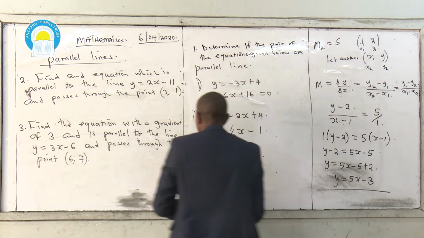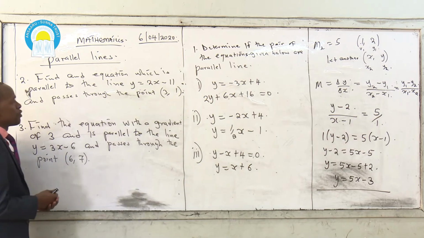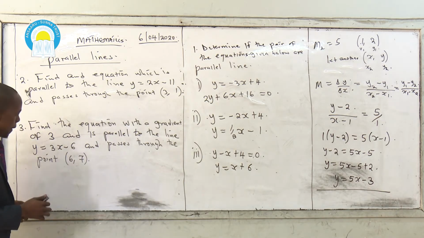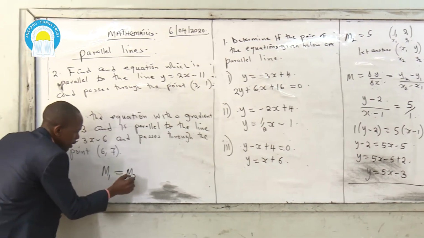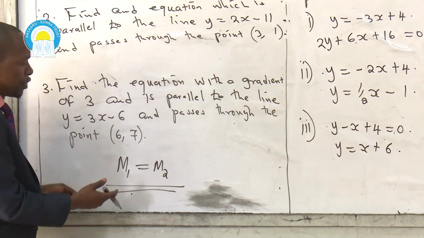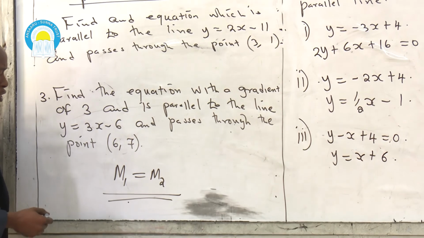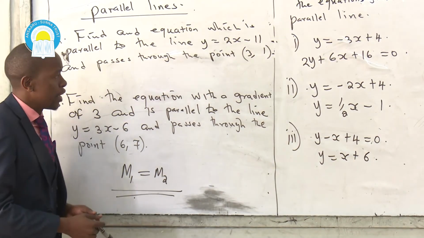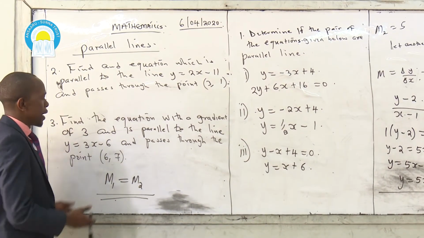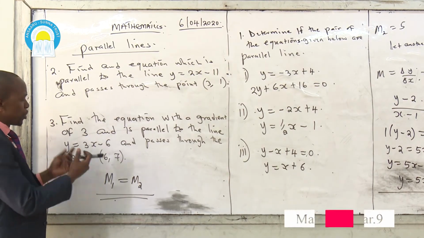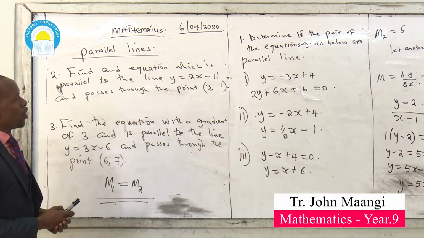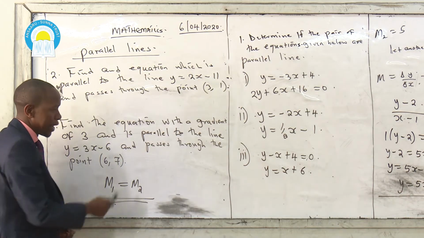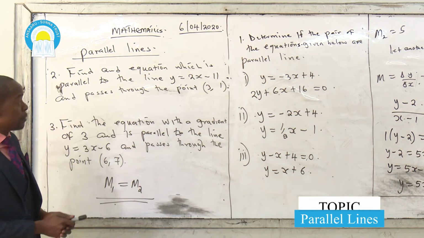If they have the same gradient, then they are referred to as parallel lines. So finally, we said m1 is equal to m2. This is the tool that you need to use whenever you're finding equations which are parallel. Make sure that the gradient of line 1 and the gradient of line 2 are the same.